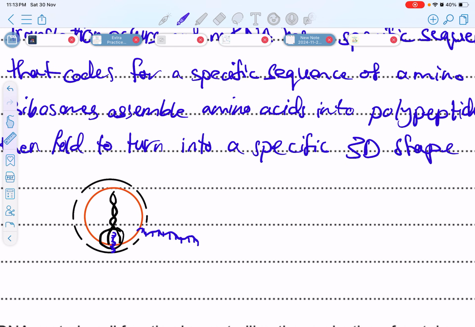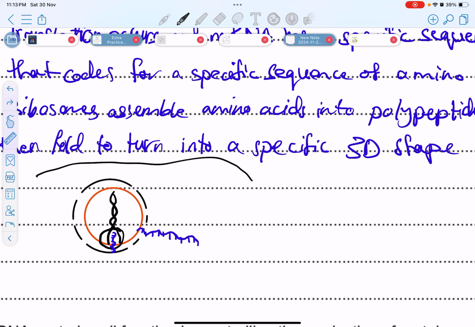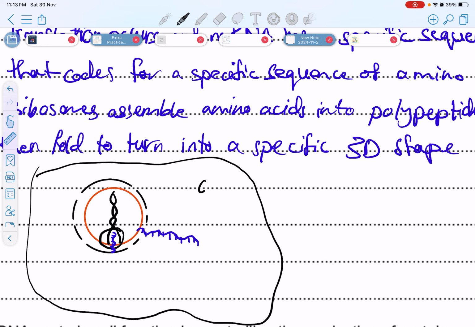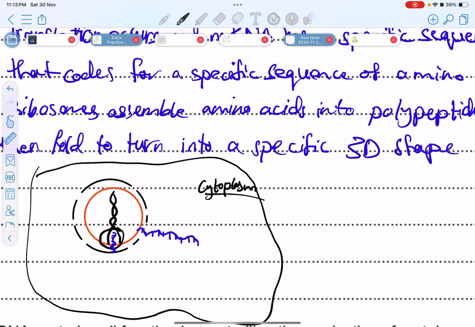It's going to then go out, and we have the cell. Here is the rest of the cell, and I know that this cell is filled with this substance called cytoplasm. And in the cytoplasm there are little tiny ribosomes.